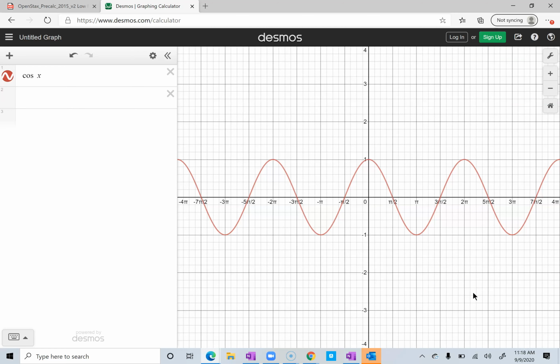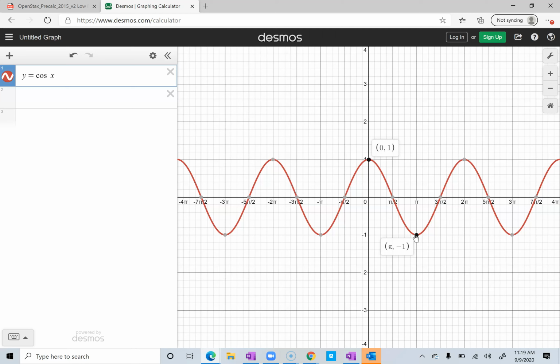Okay. So this is the graph of cosine. It is periodic. It oscillates. It's a wave. In order to consider the inverse of the function, we have to look at a piece of the function that is 1 to 1. From here to there, it is 1 to 1. What I mean by 1 to 1 is it passes the vertical line test and the horizontal line test.